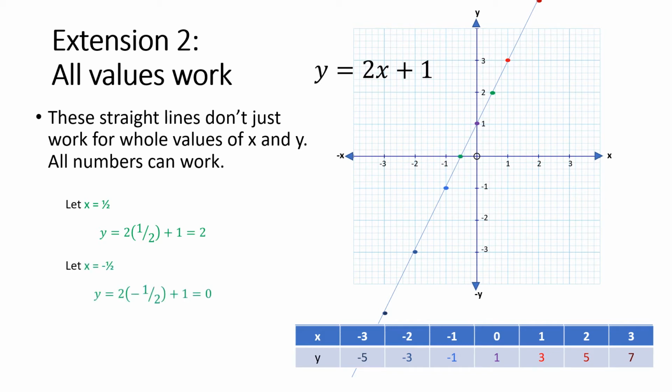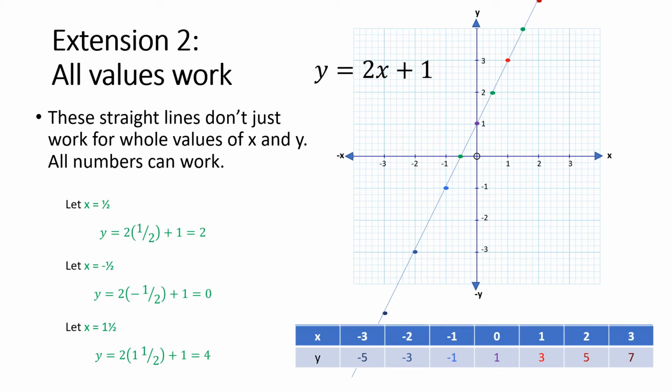If x is minus 1/2, then 2 times minus 1/2 is minus 1, plus 1 equals 0, which falls on our straight line. And if x were to be 1 and a half, 2 times 1.5 is 3, plus 1 equals 4, which again falls on our straight line.